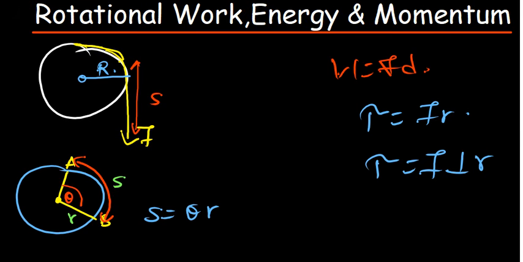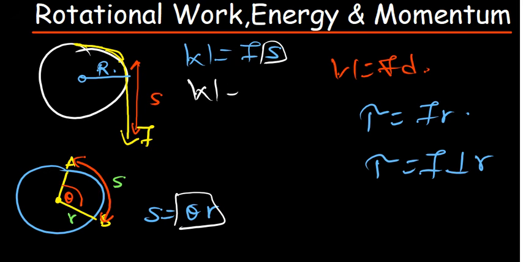Now what we need to know is that the work which we're talking about here is basically the force times the arc length, which is S. The S which we have here is the same as the S which we're talking about there. Therefore I can replace S with theta times R. So my work will be equal to the force times theta times R. But we know torque is given by force times the radius.